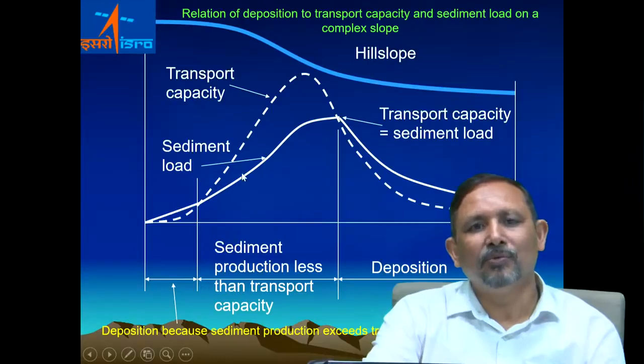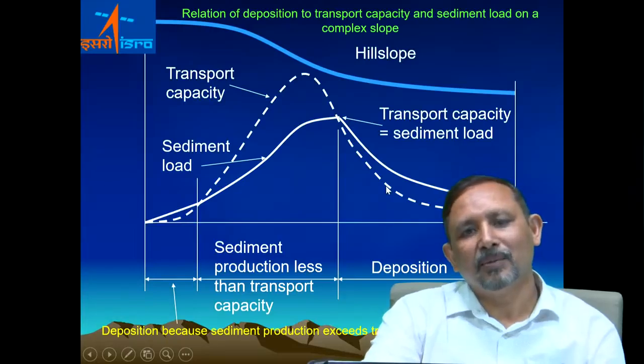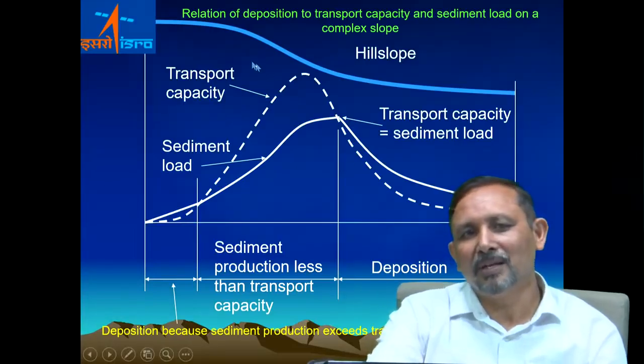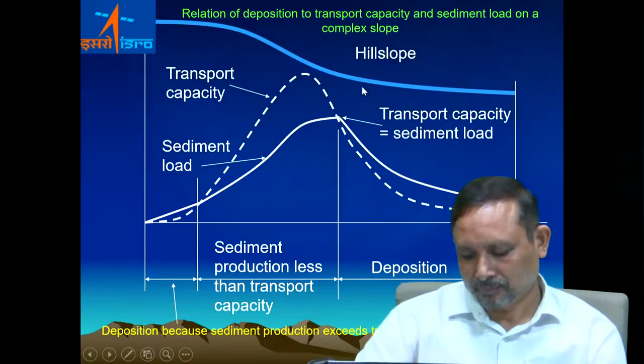But as we move, when the transport capacity is higher than your sediment load, erosion will take place. But once the transport capacity becomes lower and the sediment load becomes higher, then from this point deposition will take place. So erosion occurs when transport capacity is high, and deposition occurs when sediment load becomes higher. This is on the hill slope, as we can see.